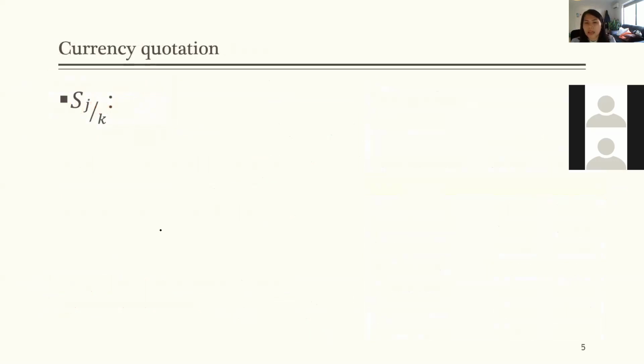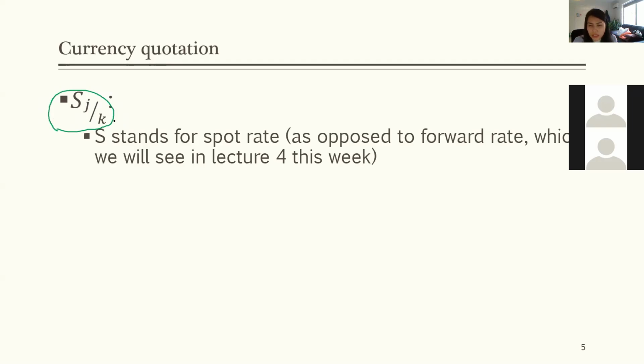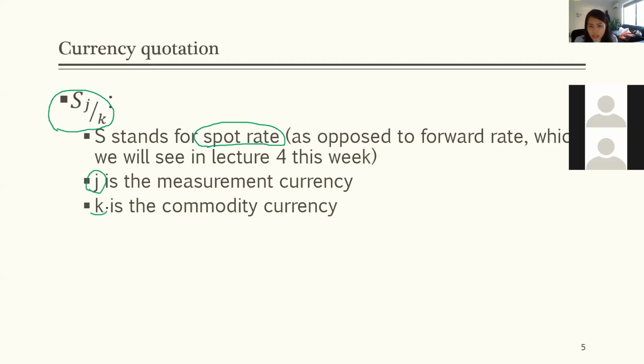The second important thing for this chapter and going forward is currency quotation. Normally, if you want to denote a currency exchange rate formally, it could be denoted as S_JK. S stands for the spot rate, as opposed to the forward rate, which we'll look at next week. J is the measurement currency, and K is the commodity currency.